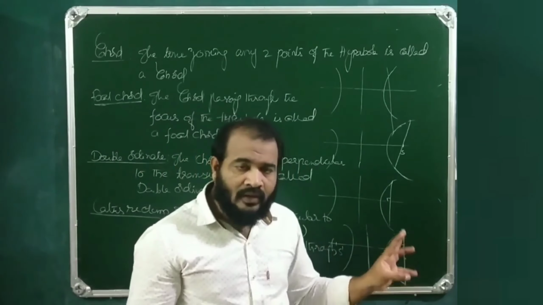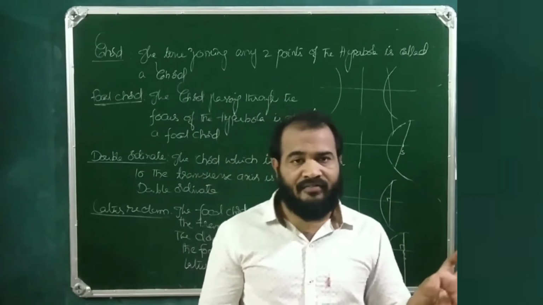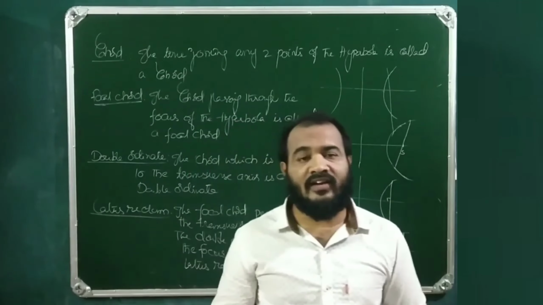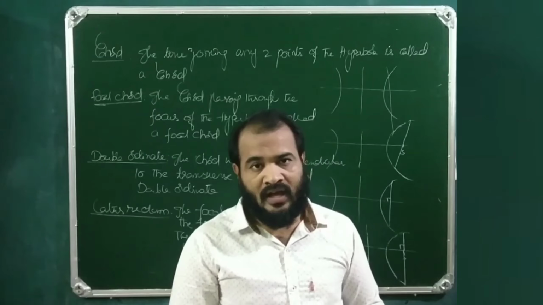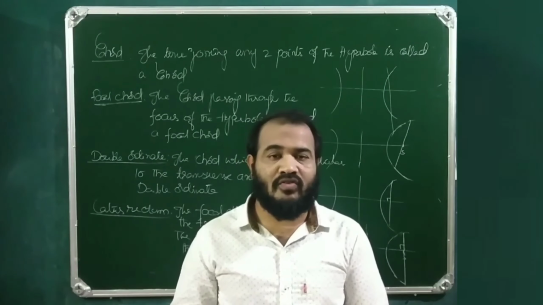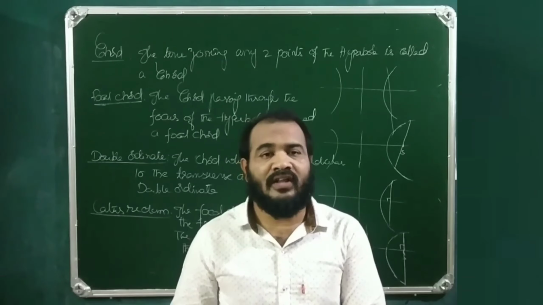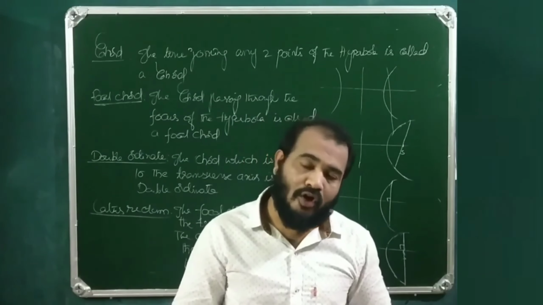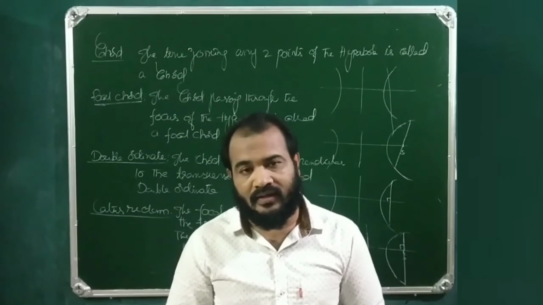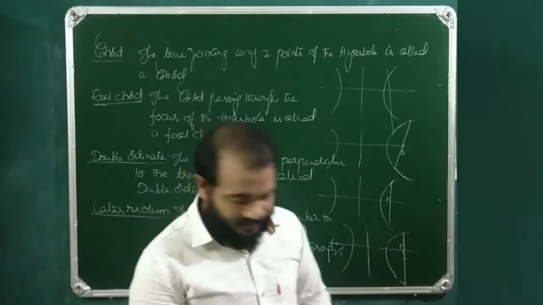We have derived the length of the latus rectum of the ellipse x square by a square plus y square by b square equals 1 to be 2b square by a. In the same way, the length of the latus rectum for the hyperbola is also 2b square by a. How? Let us derive it.